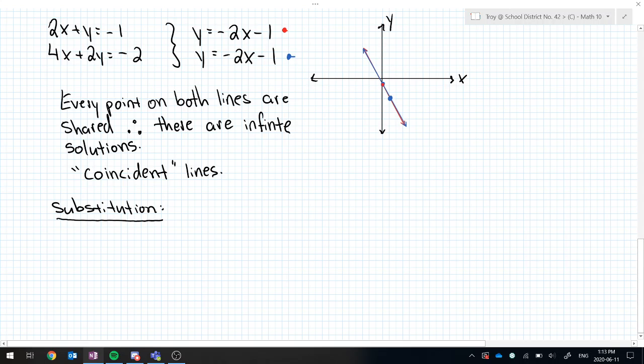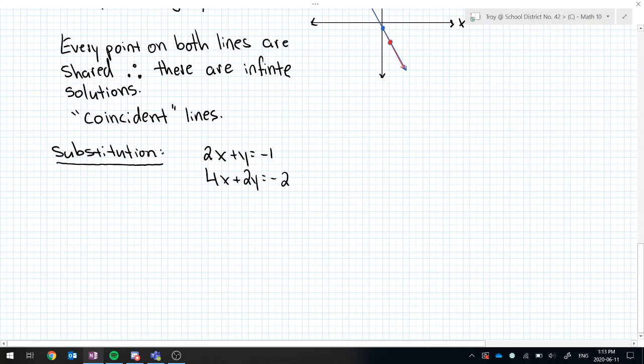So if we do substitution here, again, for substitution, we should be looking for a term that doesn't have a coefficient or has a coefficient of 1. In this case, it's this y here, so that'd be a good place to start.